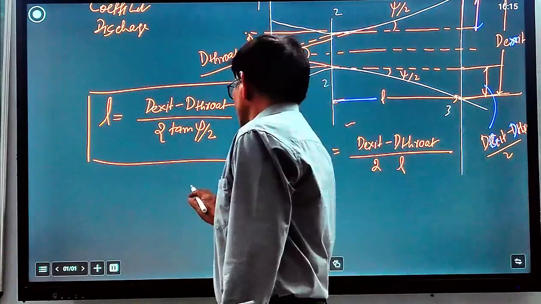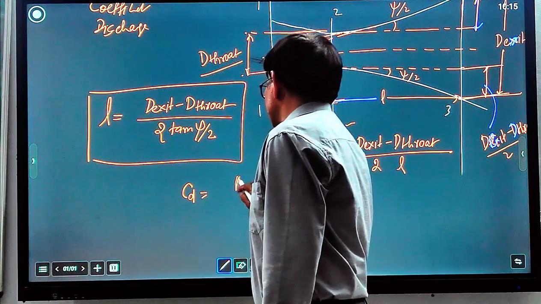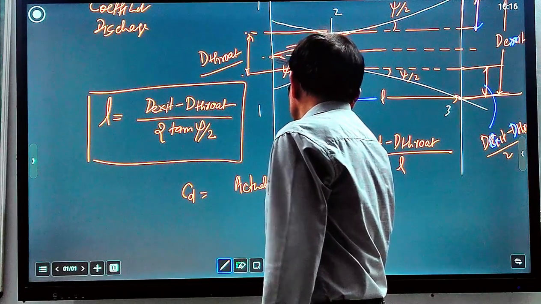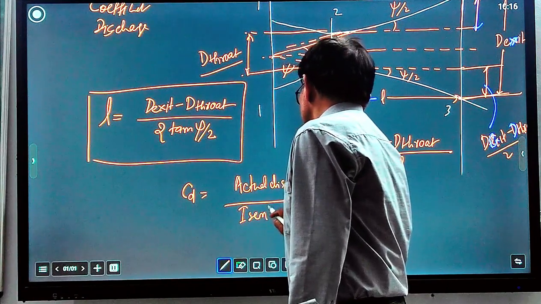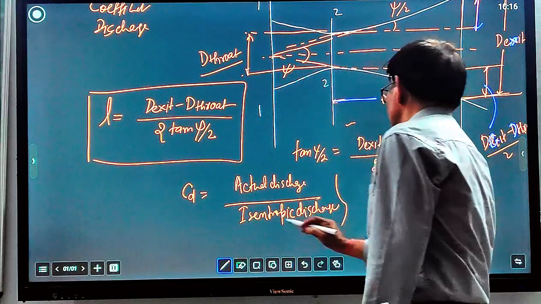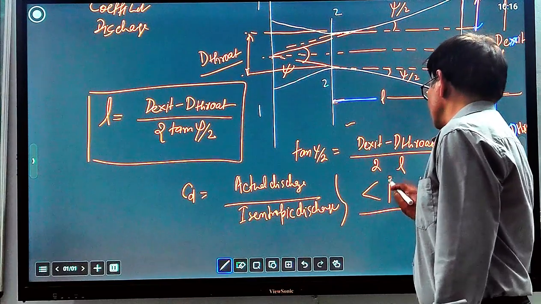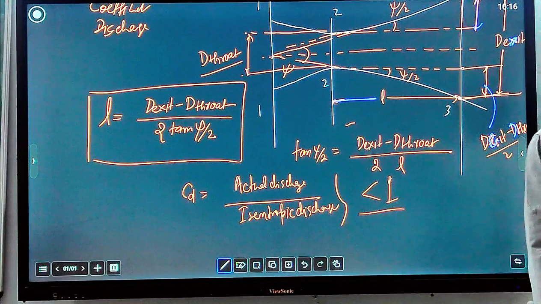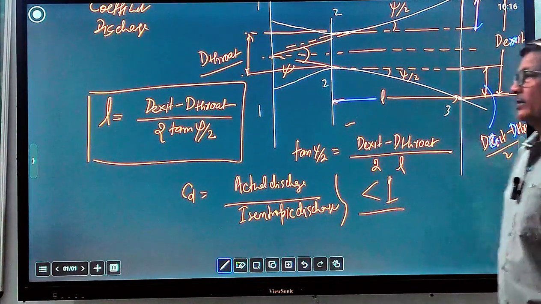So this ratio, the coefficient of discharge, you can define as CD equal to actual discharge upon isentropic discharge. This value is always less than, and can never be equal to, 1, because the actual discharge is always less than the isentropic discharge. So this is all for the initial discussion.